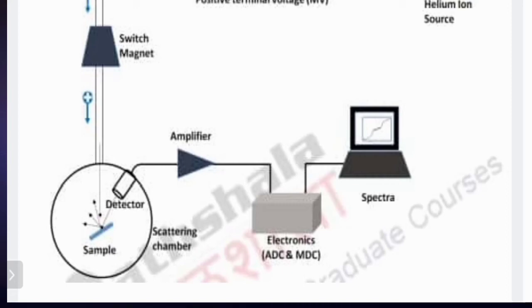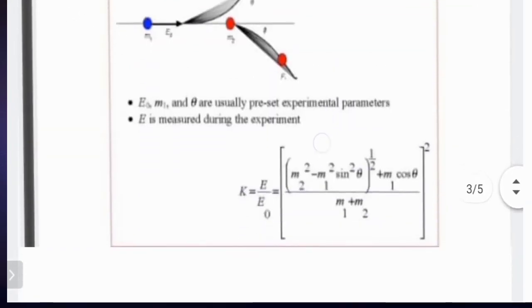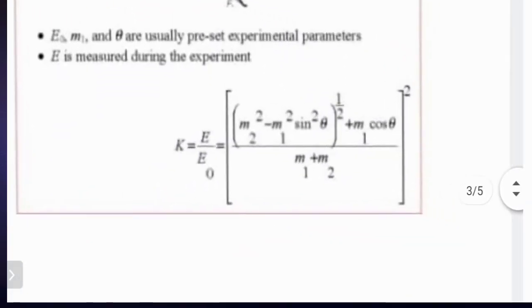We determine the energy of the backscattered ions at 170 degrees using the detector. The ratio of that energy gives you the idea about the mass of the unknown solid.